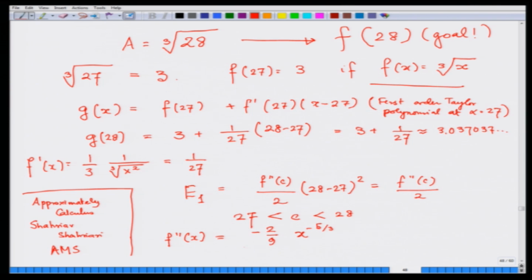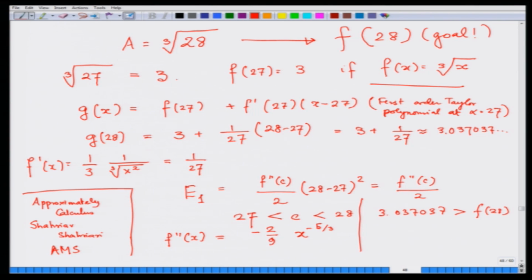So, if this value becomes negative, then if I add this term, that would be exactly equal to f of 28. So, whatever you have to subtract some quantity from this thing to get f 28. So, the immediate conclusion you get is whatever you have calculated, 3.037037, is actually strictly bigger than f of 28, because you have to subtract this quantity for some c that you want to put to get to f 28. So, this information you immediately get.